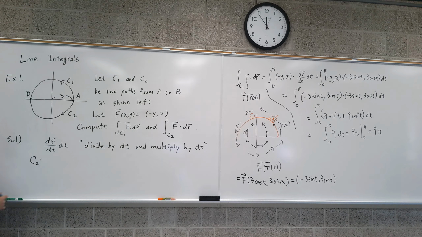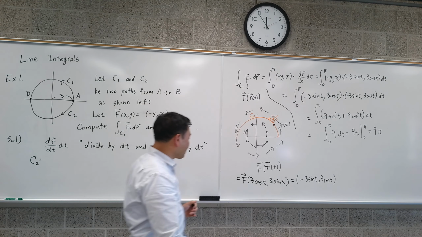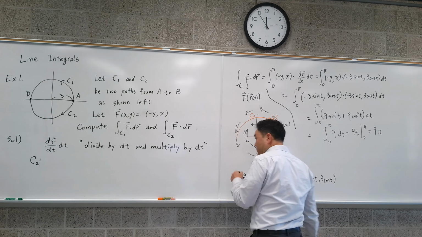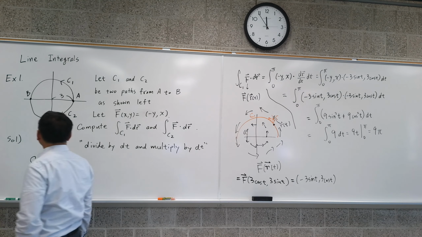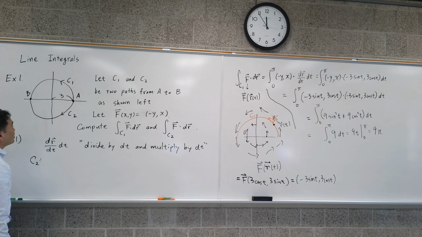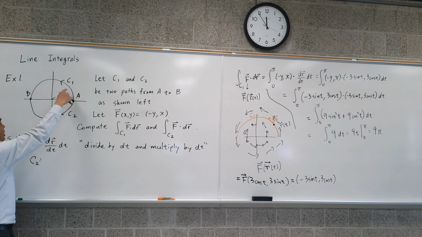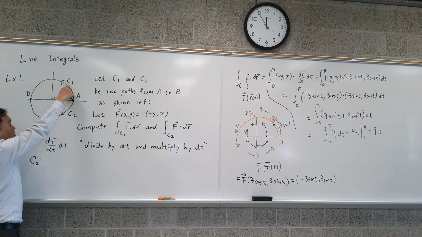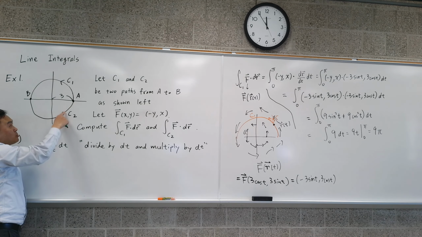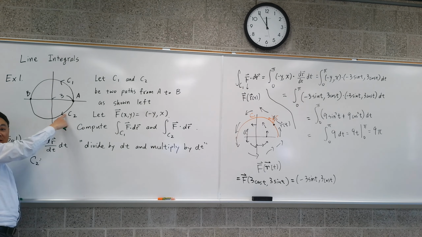Now this is more challenging. How are you going to parametrize this? Let me give you some options. One option is to see that every point on top, if you just change the y coordinate to negative, you get here, right?